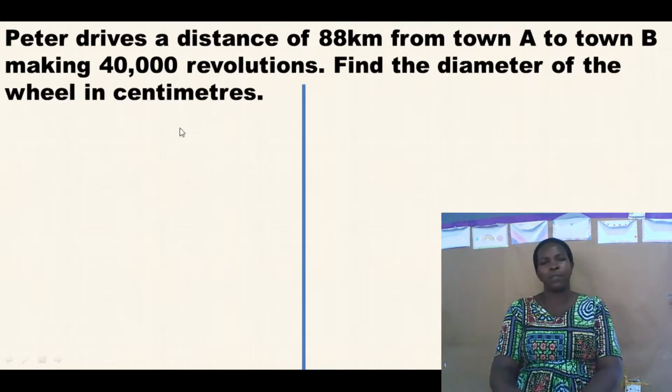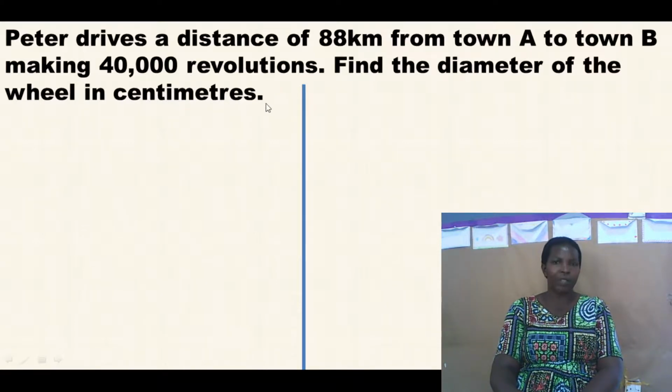You even looked at this in primary 4, changing from one unit to another. We shall use the same knowledge to convert this distance into centimeters. The moment we convert this distance, we shall be in a position to look for the circumference, which will guide us to look for the diameter, which is required in centimeters.